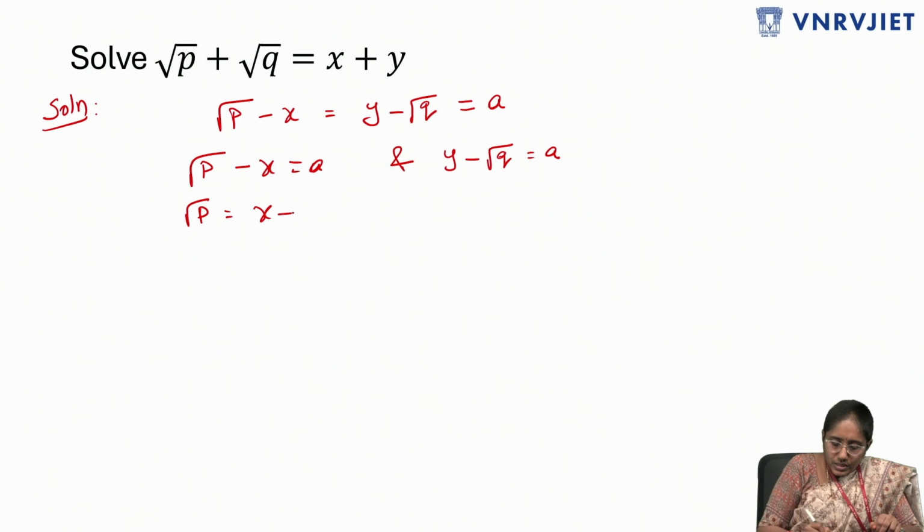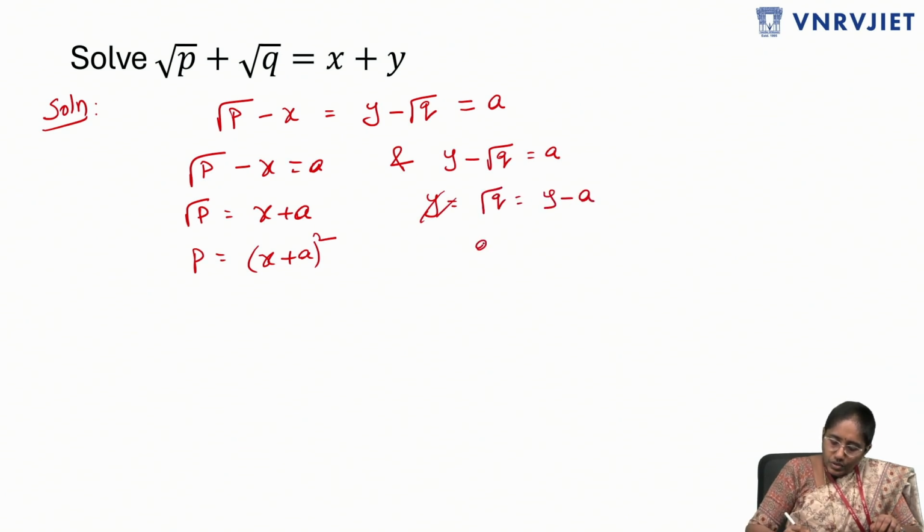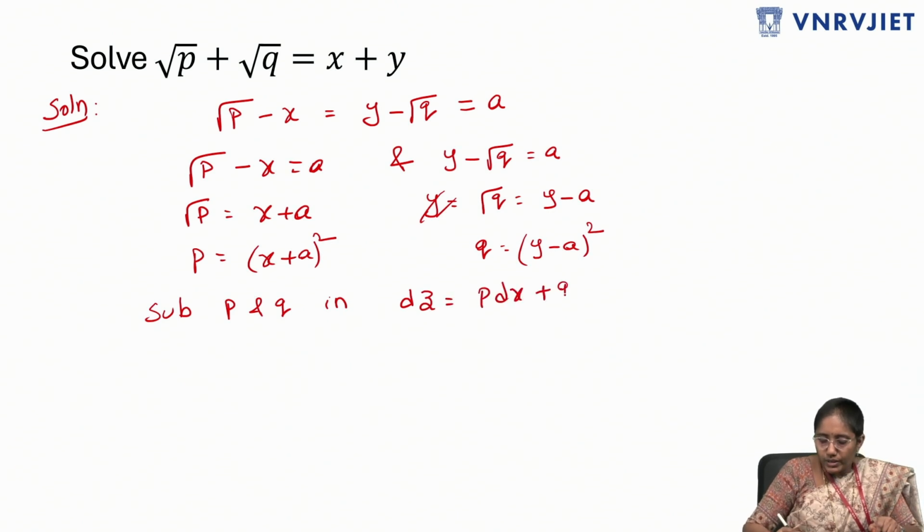Root p is equal to x plus a, so p is equal to x plus a whole square. Similarly, root q is equal to y minus a, so q is equal to y minus a whole square. Now substitute this p and q in dz is equal to p dx plus q dy.